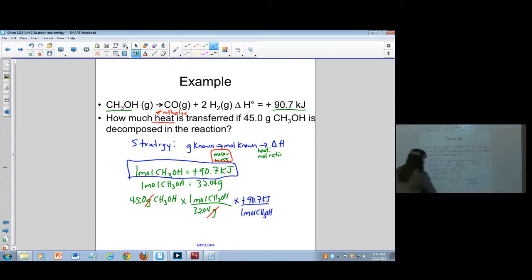So now I've gotten rid of the mole, and I'm only to a value of heat, which is what I was looking for. And so if I don't use 1 mole of methanol, but instead some other amount of methanol, which actually turns out to be 1.4 moles, I get plus 127 kilojoules of heat that I need for this reaction.